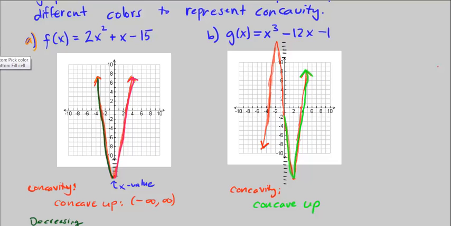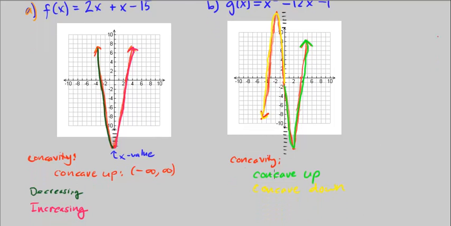And in concave down, I'm going to use yellow. We have this part, it's concave down here in yellow. It's hard to read the yellow, but just bear with it. Now, increasing and decreasing, let's do decreasing in dark green.